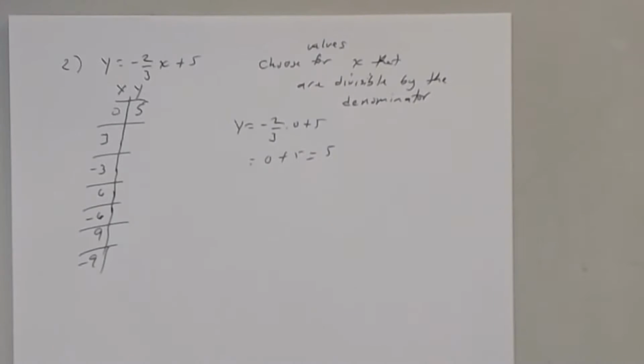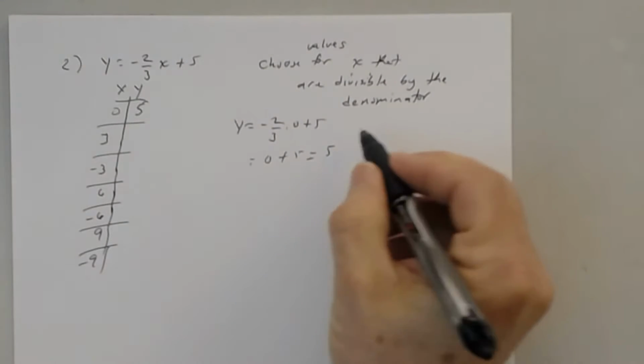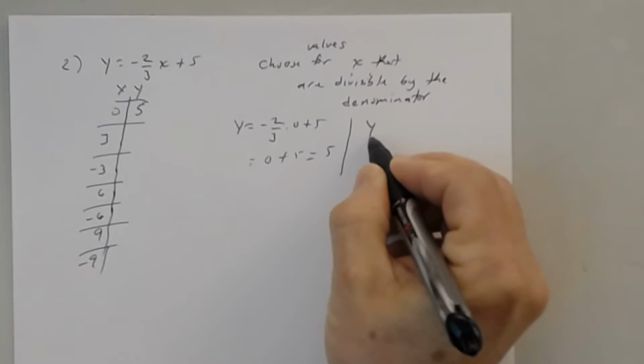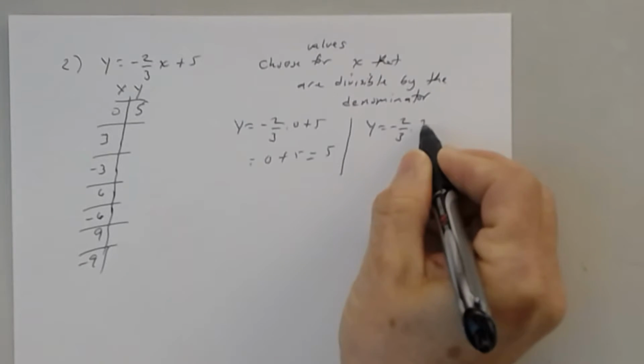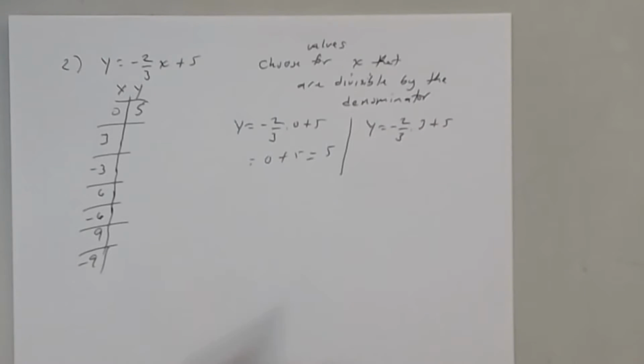All right, if x is 3, let's talk about that. If x is 3, I get y equals negative 2/3 times 3 plus 5. Now, a couple of things you can do here. Again, though, which operation do I do first? Multiplication.